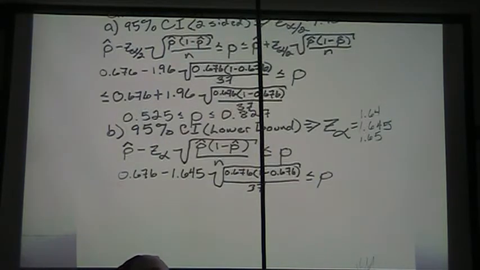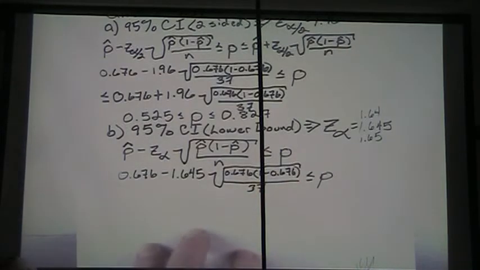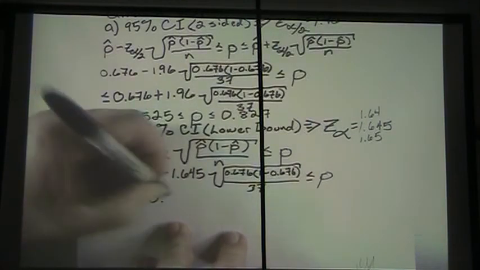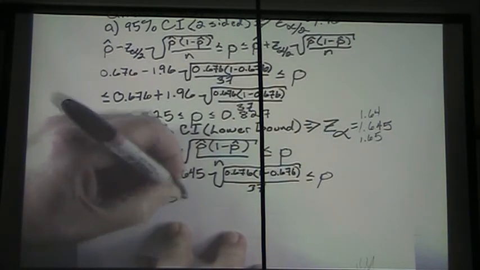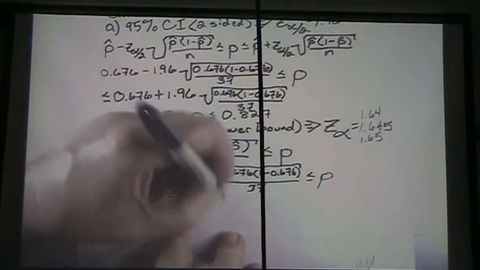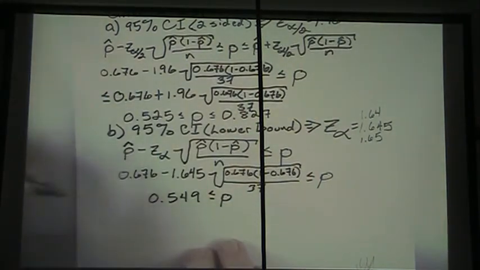And my calculation becomes that 0.549 is less than or equal to my binomial proportion.